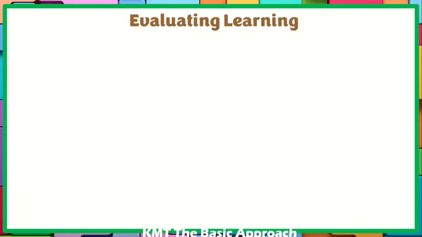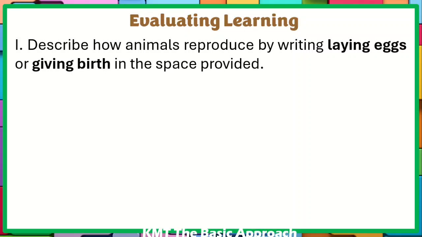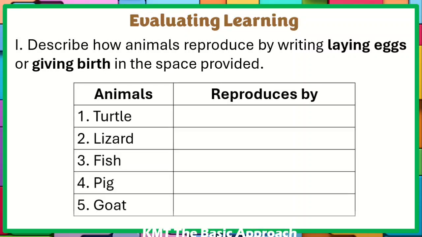Evaluating learning. Part 1. Describe how animals reproduce by writing laying eggs or giving birth in the space provided. Let's answer. Number 1. Turtle reproduces by laying egg.